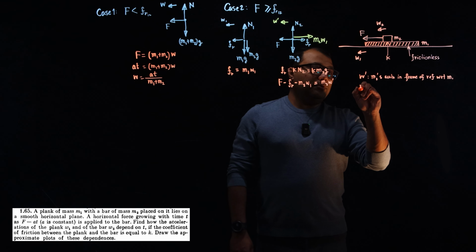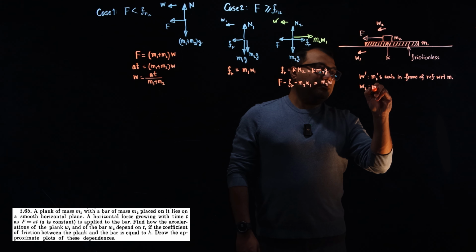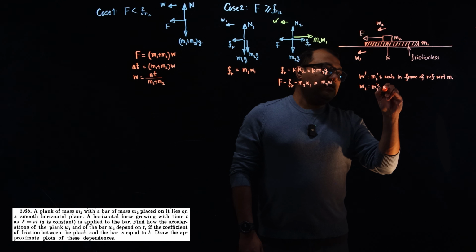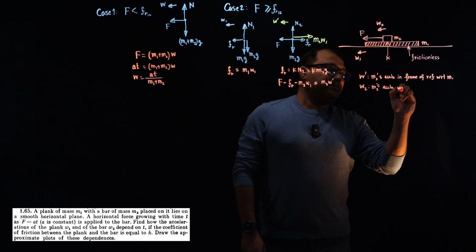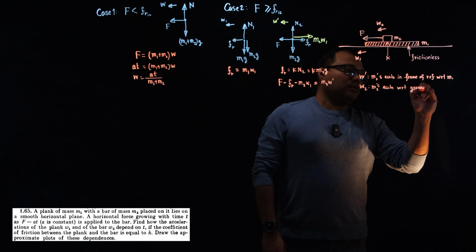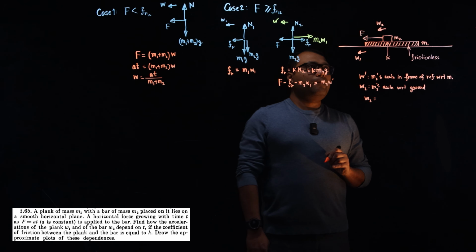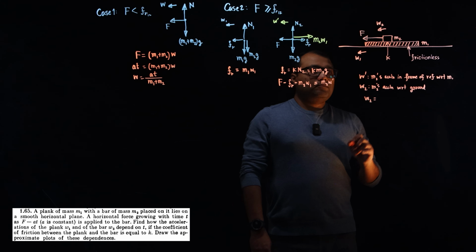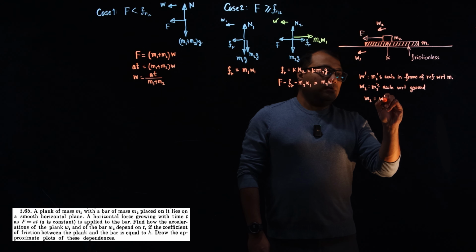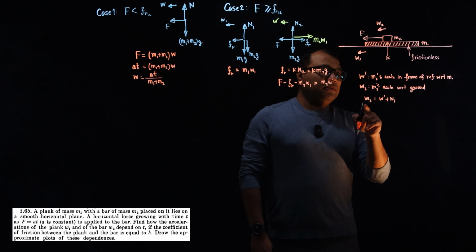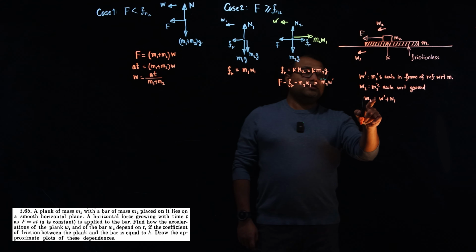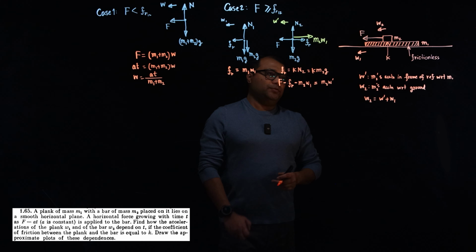So if W2 is M2's acceleration with respect to ground, then we can write W2 is equal to W dashed plus W1. This is what we need to find, but we'll start with evaluating W dashed first.